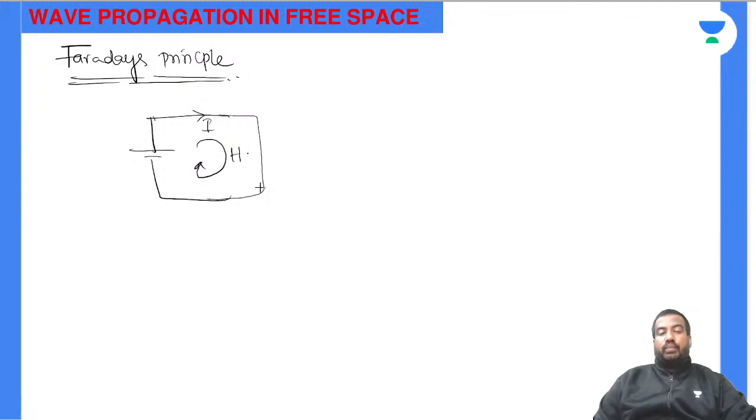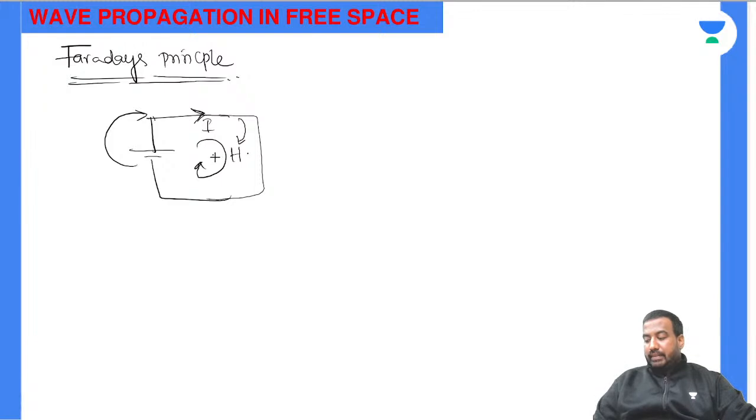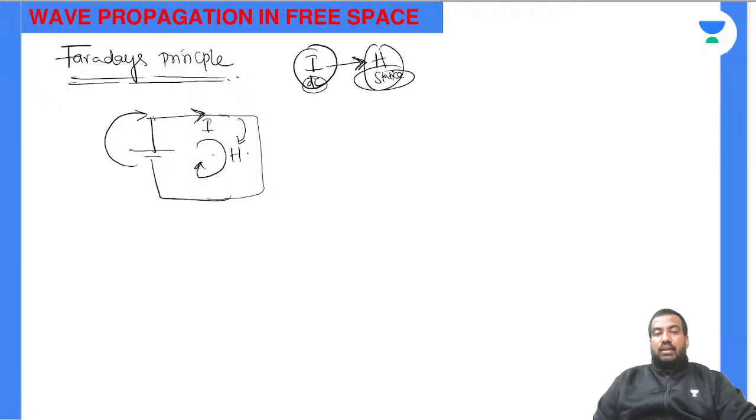But the reverse is not true. That means a DC current can produce a static magnetic field within a closed path, but a static magnetic field within a closed path cannot produce current. Listen carefully.